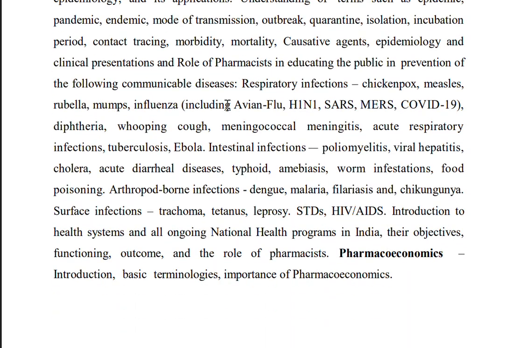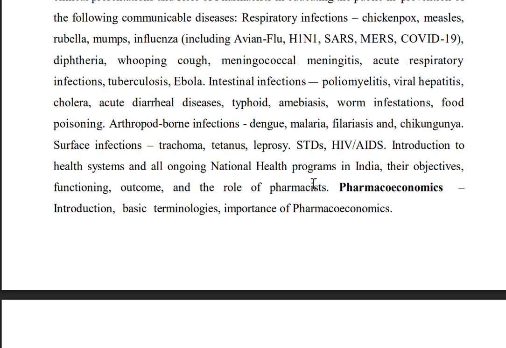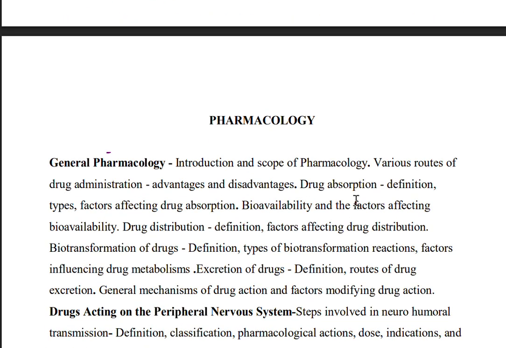Like that, we have to focus on each and every section at a superficial level only. This may feel difficult, so you have to collect notes for this, which you can discuss with your friends to solve this type of syllabus. And then pharmacoeconomics: we have to read the basic terminology and importance of pharmacoeconomics.